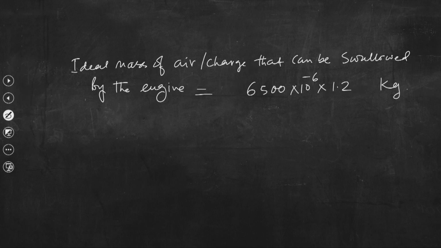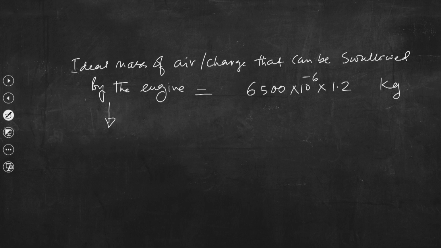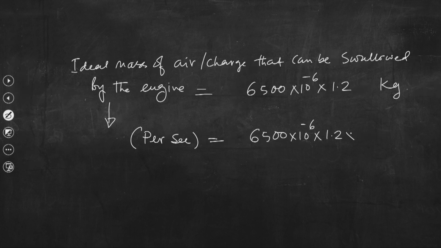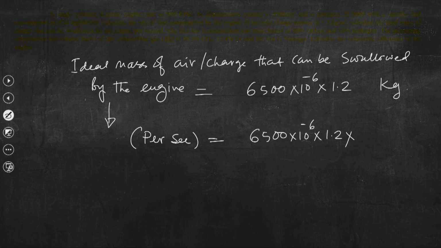So, if we would like to have it per second, it should be 6500 into 10 power minus 6 into 1.2 into, it is given, RPM is 500, and it is a 4 stroke engine.